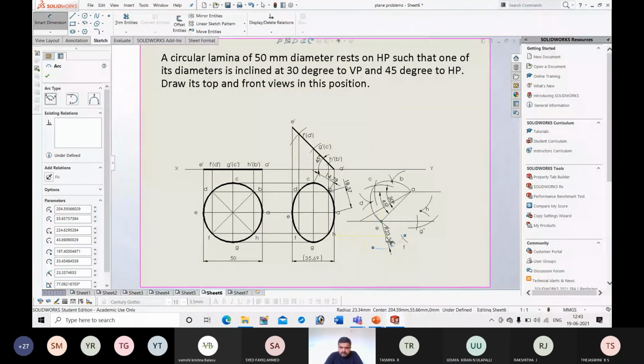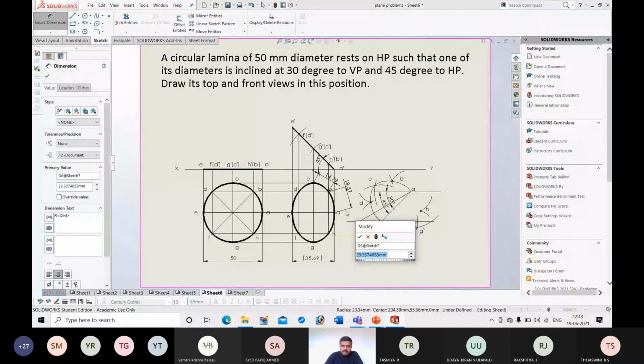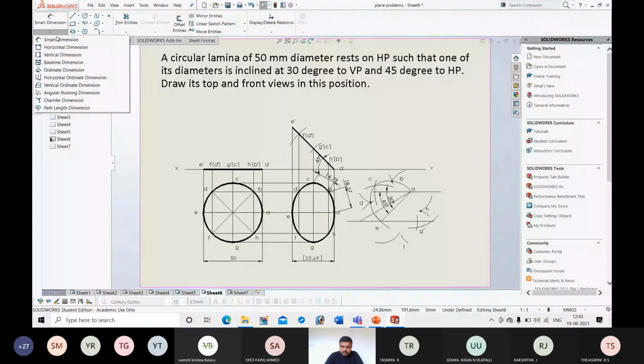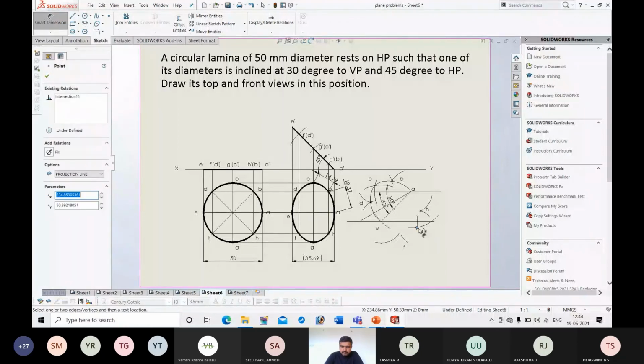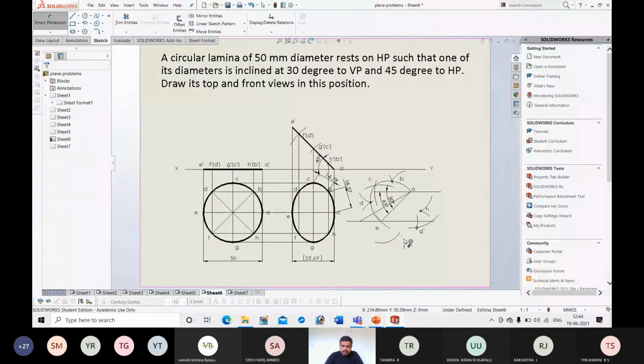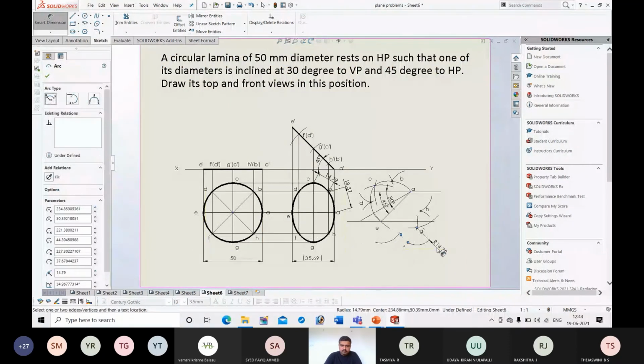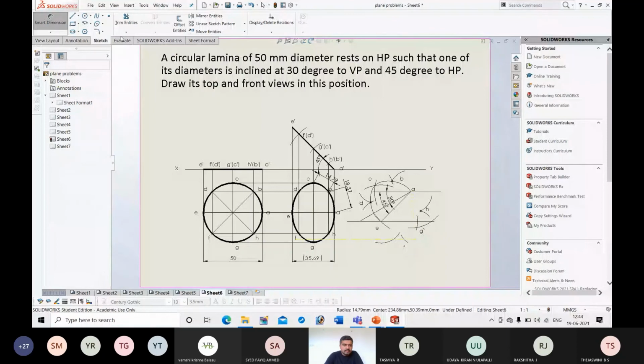This radial distance should be 18.37, and that is 14.79.